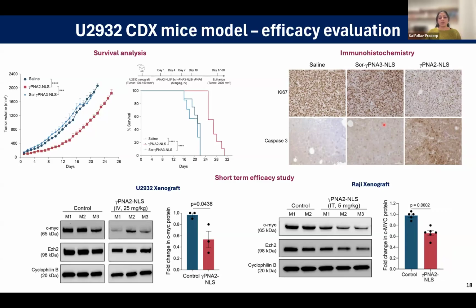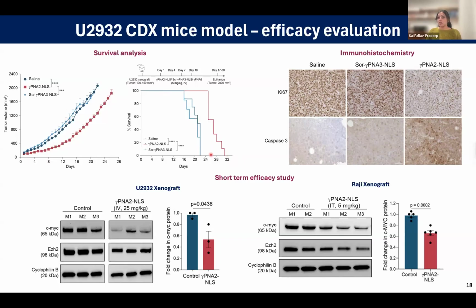What we observed was that with the PNA, there was a retardation in the tumor growth, and this led to an increase in the survival of the mice, whereas the scramble control and the untreated were pretty much the same.